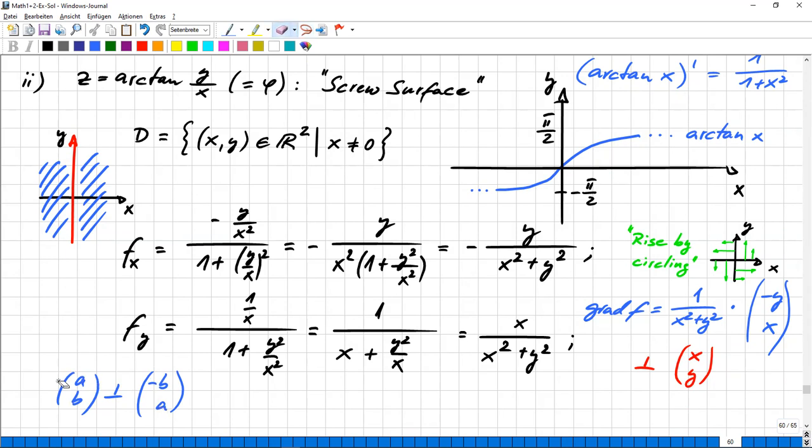So for the same reason we can be very confident that the gradient is always, in this function, perpendicular to the radius vector itself.